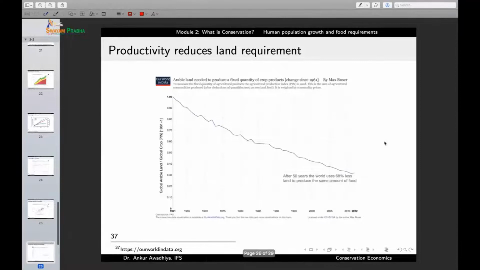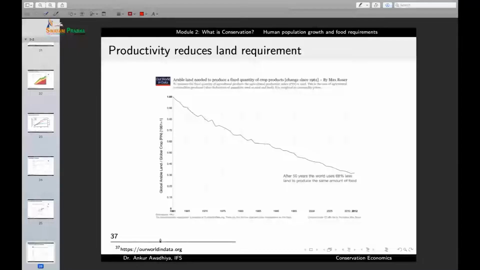Also, in those days, the agricultural production could only have increased by bringing in more and more land under cultivation because the productivity was more or less constant. Now, with increasing productivity, what we are observing is that less and less amount of land can give us the same quantity of food grains.